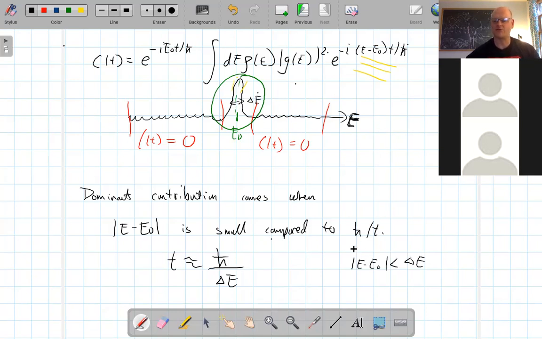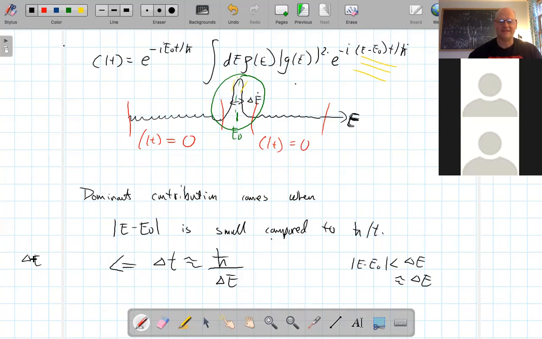So the dominant contributions come when E minus E0 is about the same size as delta E. So here I'm just going to replace the E minus E0 with delta E.